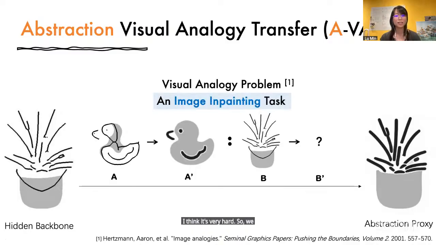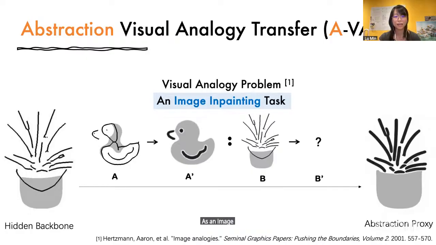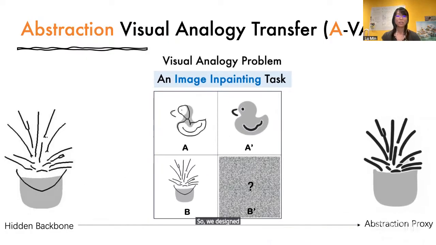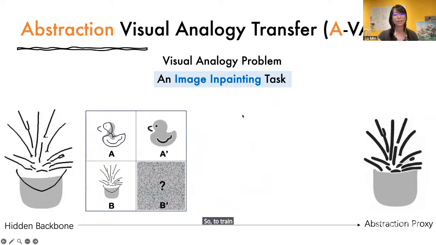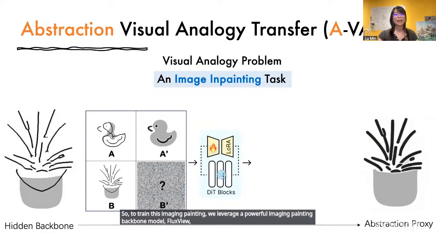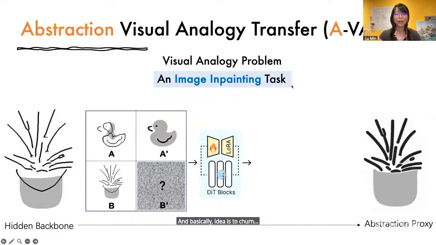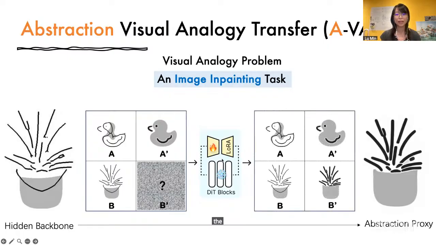So we reshape this as an image inpainting task. We designed this 2x2 grid, and the inpainting is trying to inpaint the bottom right corner of the image according to the reference. To train this, we leverage a powerful image inpainting backbone model, FLUX Fill. Basically, the idea is to fine-tune this model with a LoRA so that the model can inpaint this area.